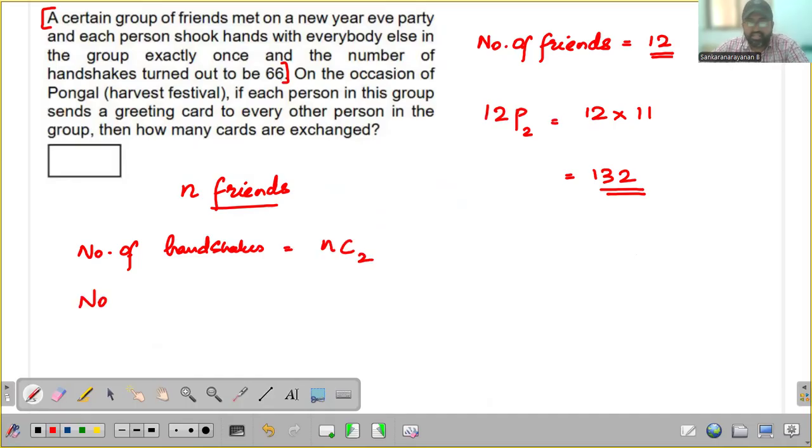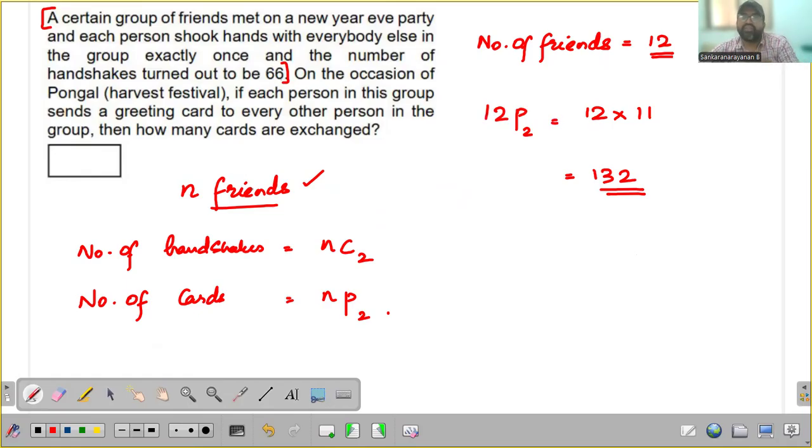And like here, where it is asked the number of cards that are getting exchanged, that will be nP2. So make a note of this. For n friends, handshakes will be nC2. Number of cards exchanged will be nP2.